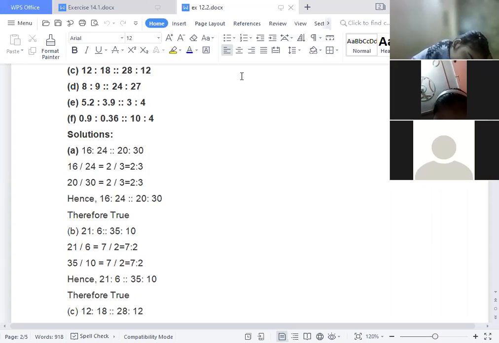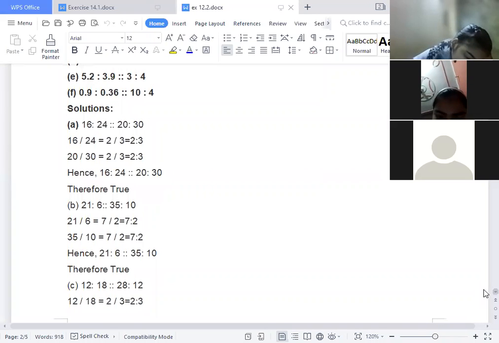Ma'am, lowest form. 6 and 9 don't go in any of the tables. Ma'am, 3. 3 2s are 6 and 3 3s are 9. Absolutely right. So the lowest form is 2 by 3. So the answer will be 2 ratio 3.